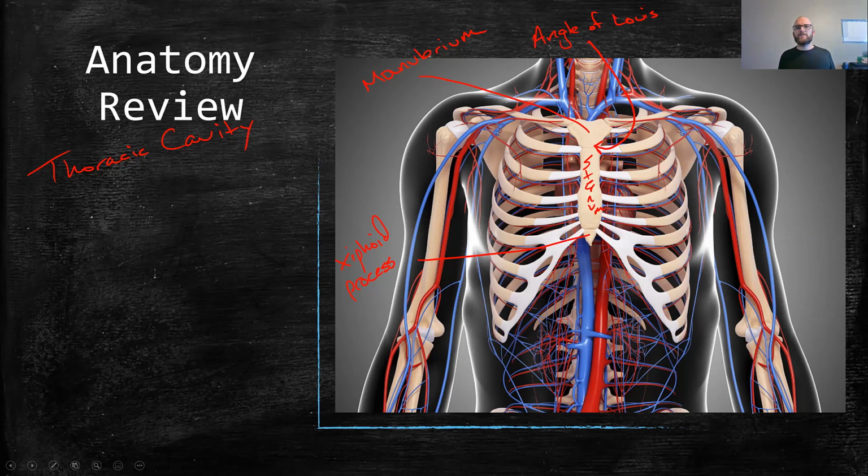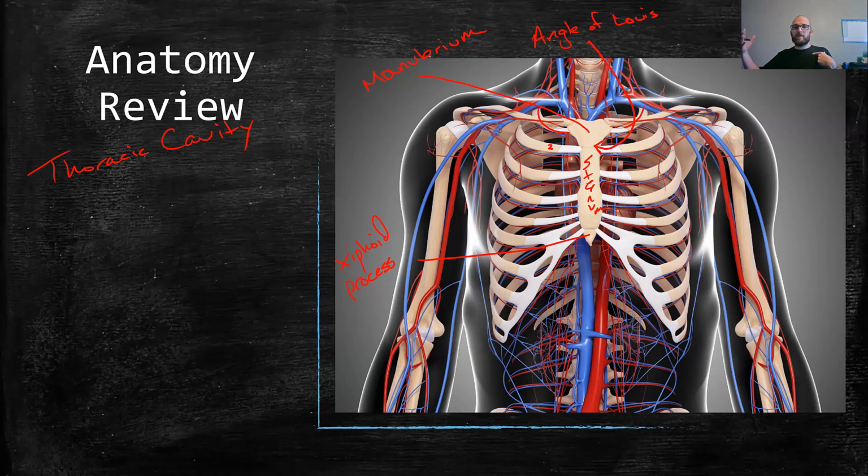And it's a good anatomical marker because it's where the second rib comes into contact with the sternum. We can see the first rib up here, but that first rib kind of gets masked by our clavicles a little bit. So it's really difficult. You can't really palpate that first rib.